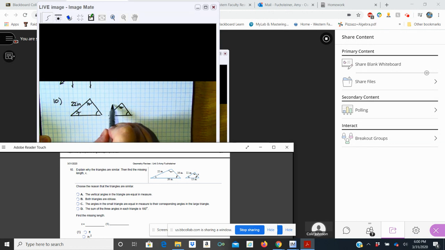What's that say? 11 inches here. 26 inches there. 16 there. 13 inches here, and X there.